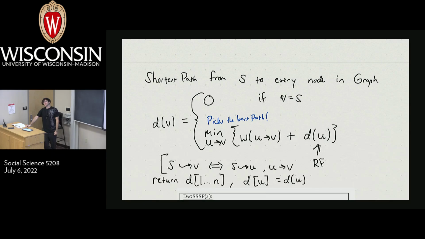That's a good question. If you're looking at a specific node t, no, it doesn't have to exist. But this is computing the distance list for all of these v's. So after you compute this, for any of these that are undefined, you could just make them infinity if you wanted.